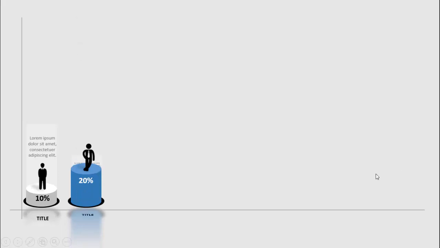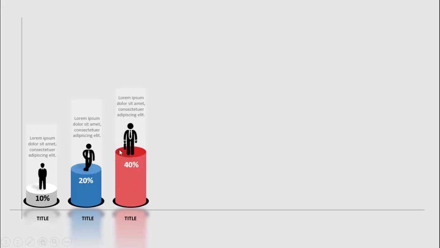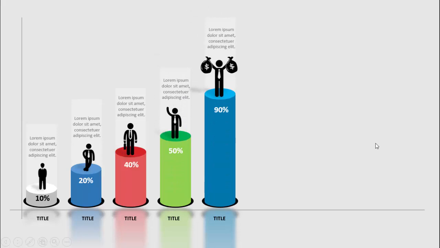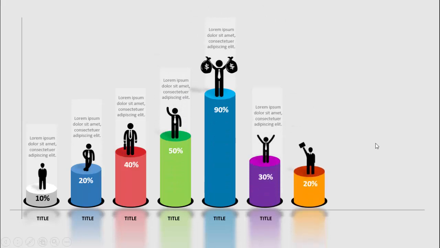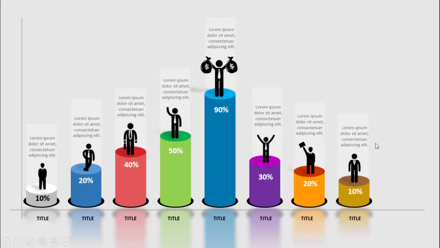So when I click, it will show in a different color combination the second option with 20%, and you can see here the businessman image is getting changed. Then comes the 50%, then the 90%, 30%, 20%, 10%, and the 5%. So depending on the requirement, you can change the icons, you can change the colors, or increase or decrease these options.